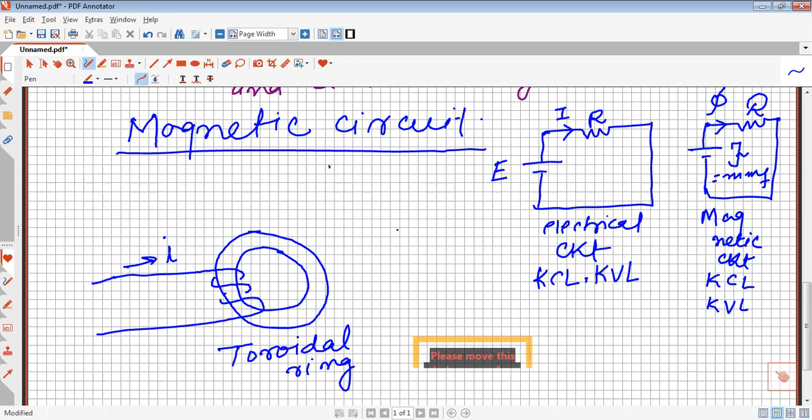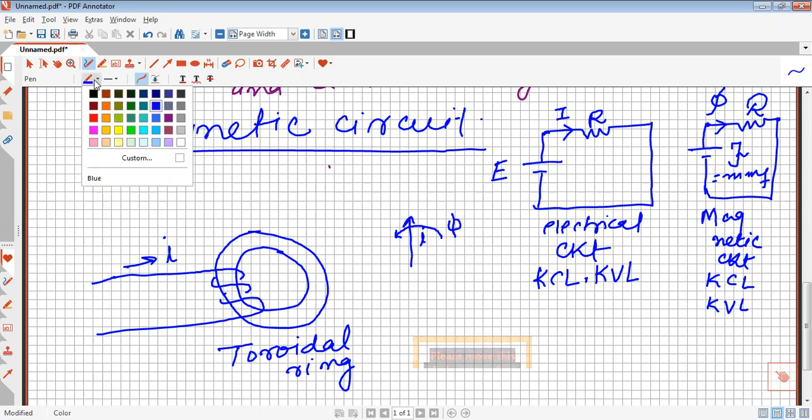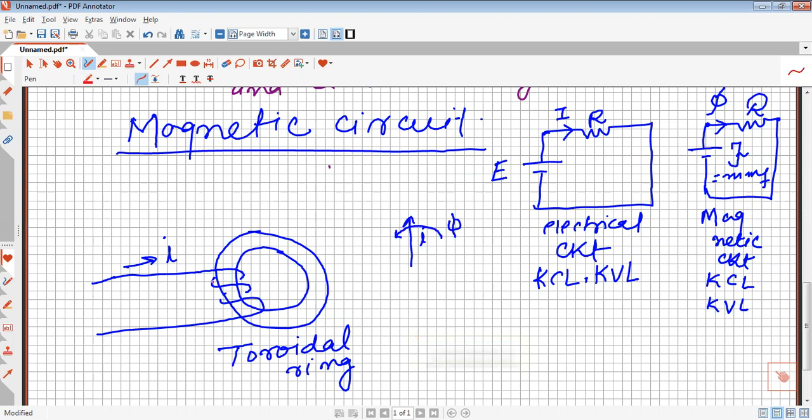As we know, when there is a current, suppose I write current is flowing here, by the thumb rule, if we put the thumb in this direction, the curl will give the direction of magnetic flux. So in this case, magnetic flux will be like this. The same rule we are applying here, and we will find the direction of flux. So let us take some different color. Here some flux will come and go in this direction, and some flux also will come in and go in this direction.